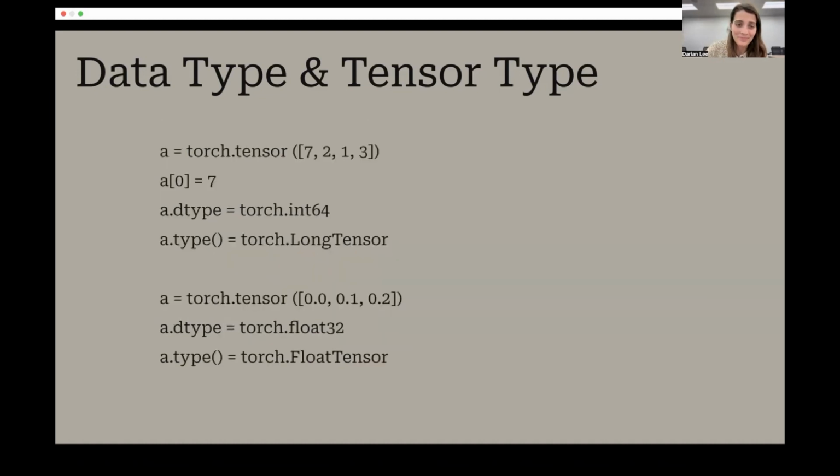So you might have seen some errors about needing a long tensor in certain areas. A long tensor is actually the int64 type, so we're using 64 places to hold it.